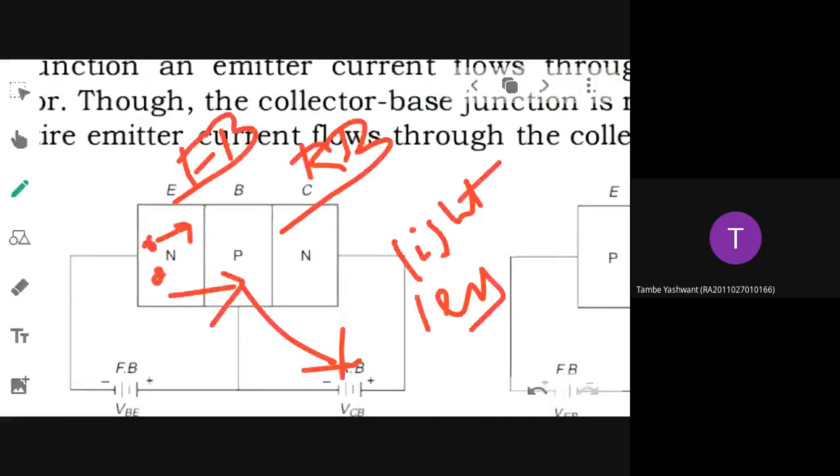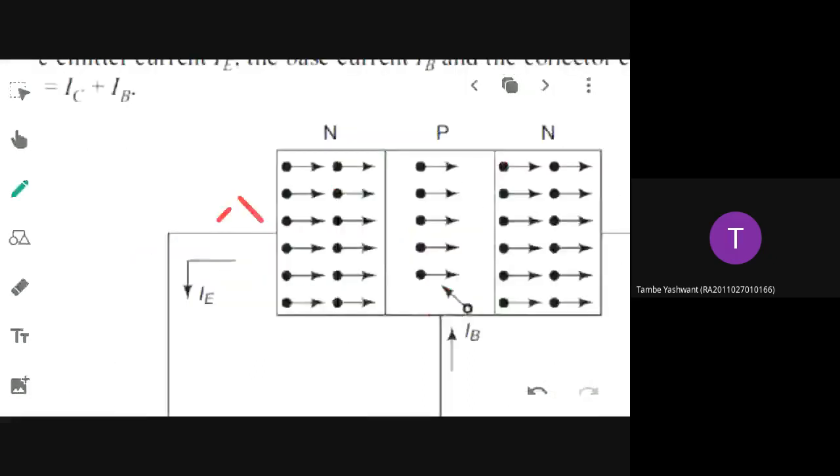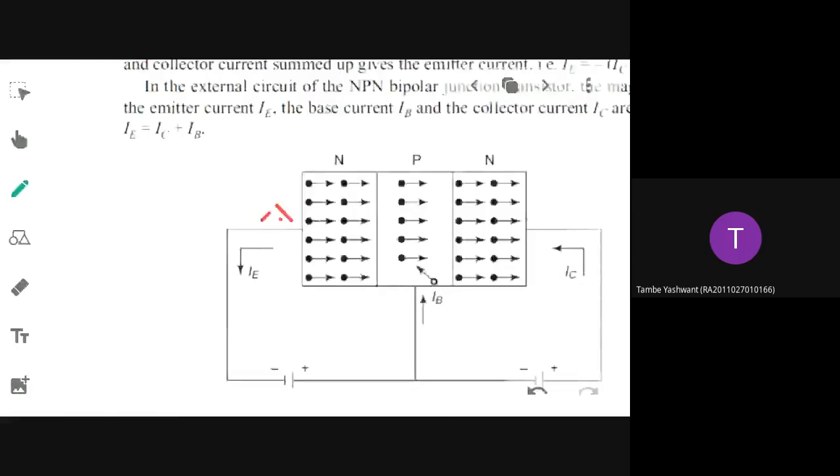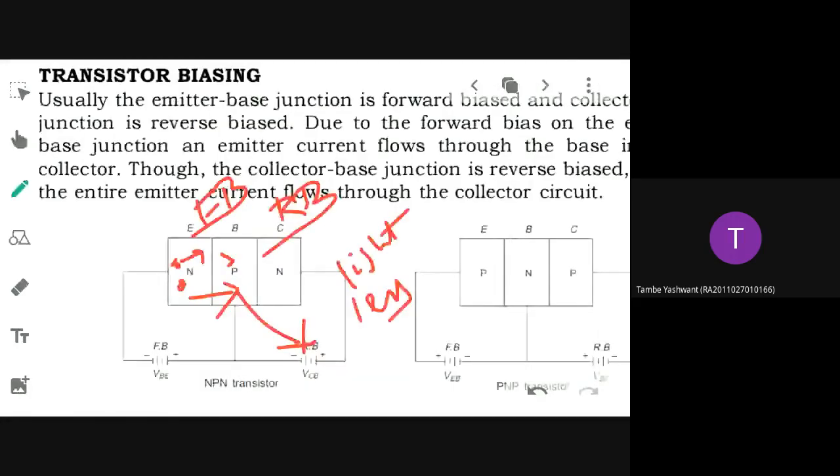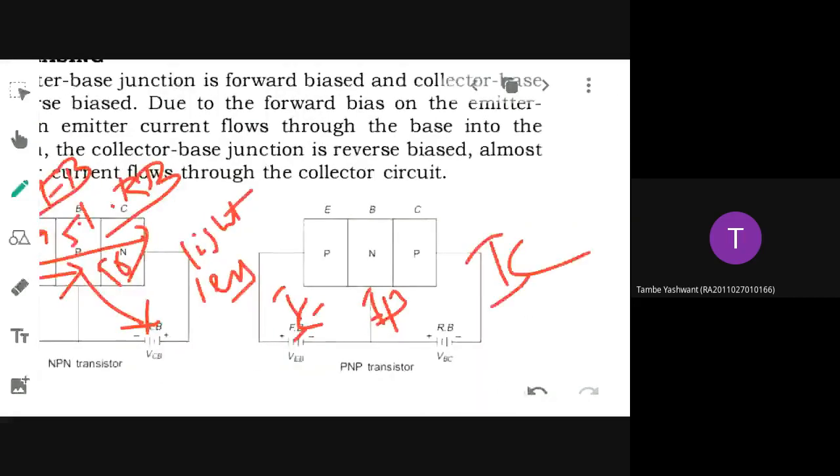But there are only a minimal number of holes in the middle sandwich layer to combine, so only 5% will combine with the holes. The remaining 95% of the electrons will flow through the collector. Because of this conduction, you have three currents: IE, IB, and IC. Out of these three currents, which will be very less or minute?